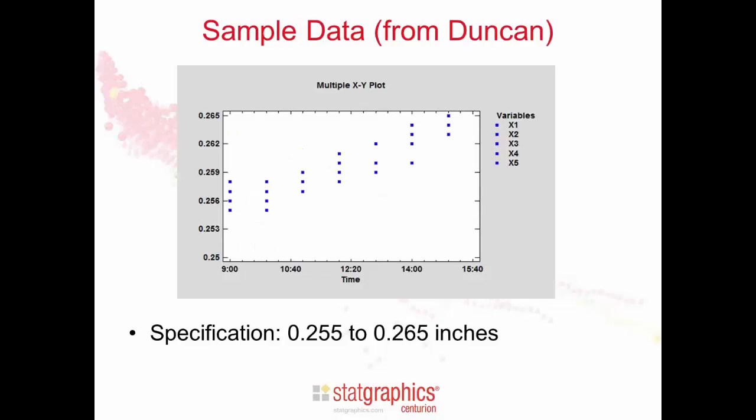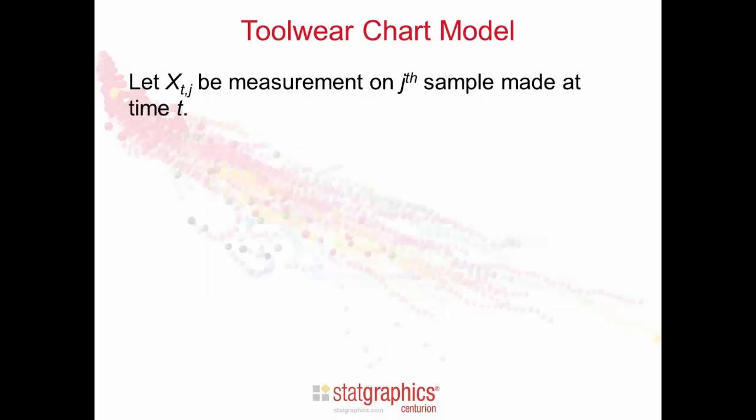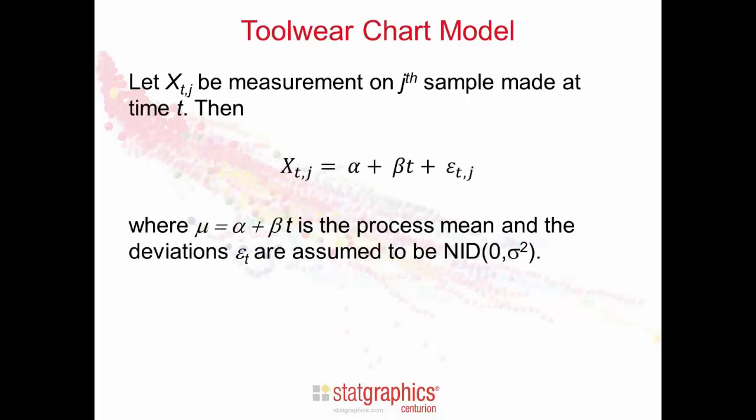Now, let's have a little bit of new notation. Let's let x_tj be a measurement that we take on the jth sample at time t. Our model is now going to say that the observation at time t, the jth observation, will be equal to alpha plus beta t plus epsilon, where alpha plus beta t is the mean of the process, and again the epsilons are assumed to be NID(0, sigma squared).